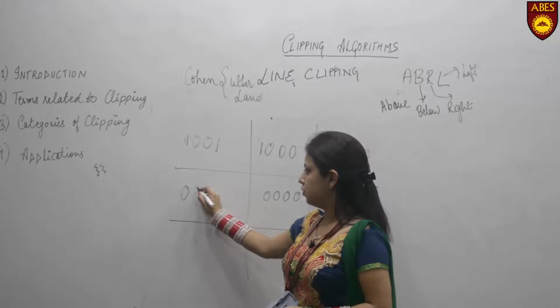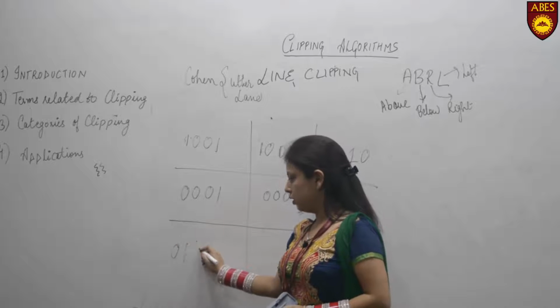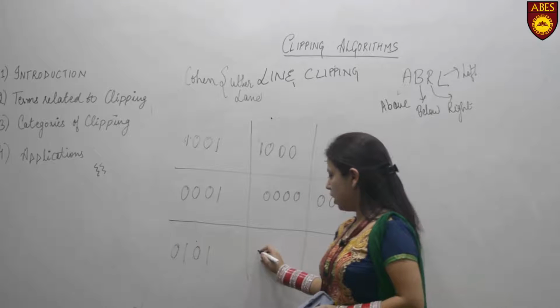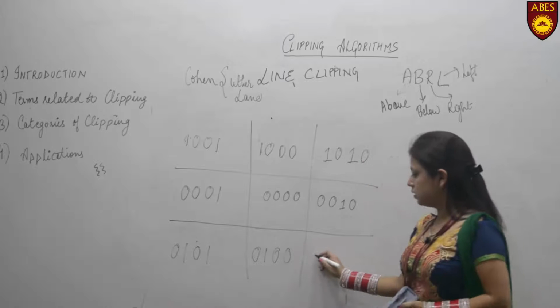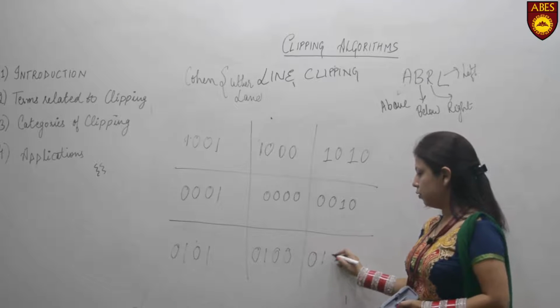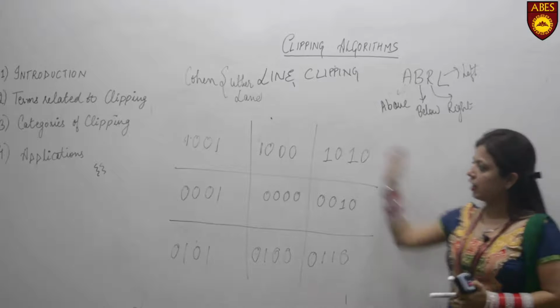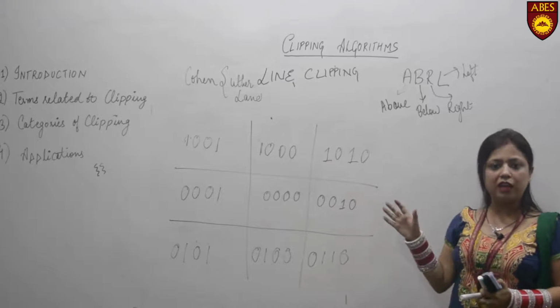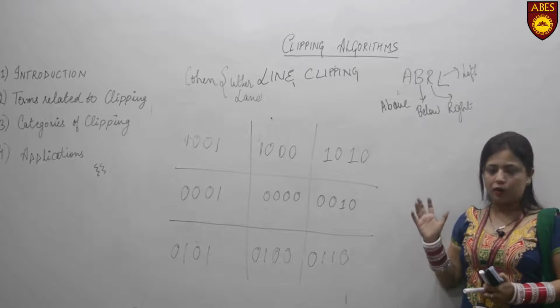Similarly for the other regions, we check above, below, right and left. So I have divided the entire coordinate area into 9 regions, and based on this concept, I will start my line clipping algorithm.